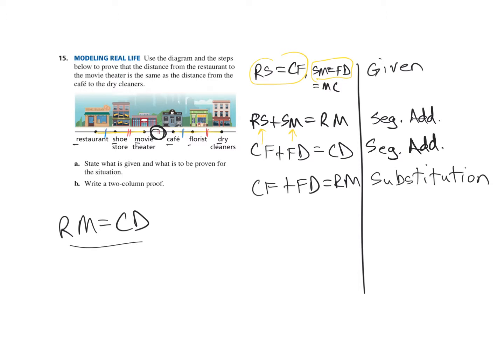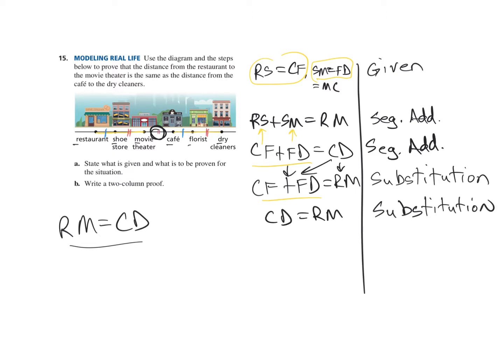Now you have these two lines being the same, and we're talking about distance here, so we can say that CD is equal to RM, and that's by substitution as well. You just substituted one in for the other.